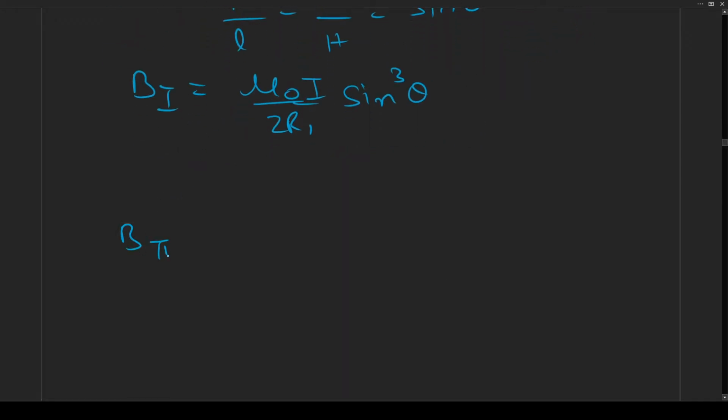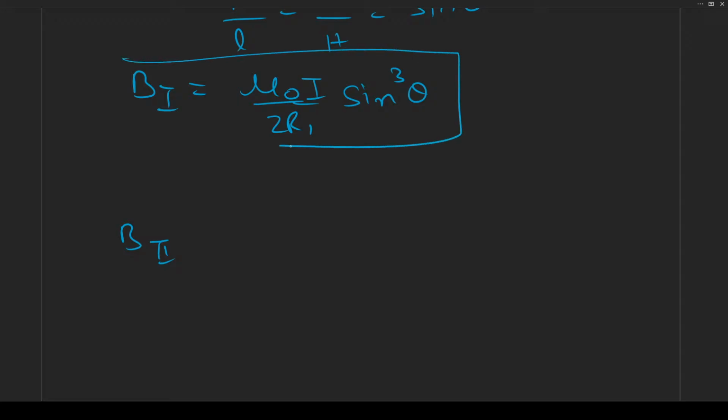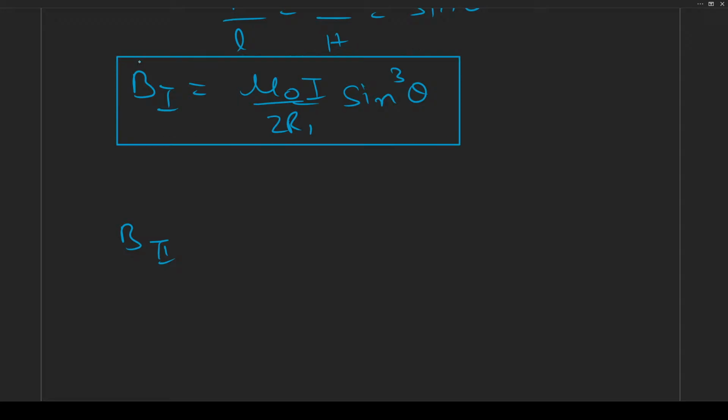B2 is equal to mu naught I R2 square by L cube.